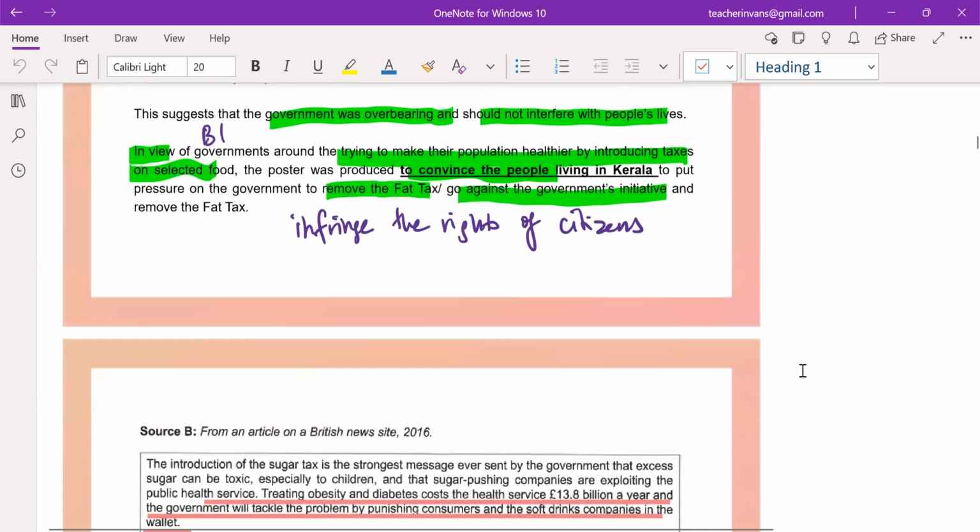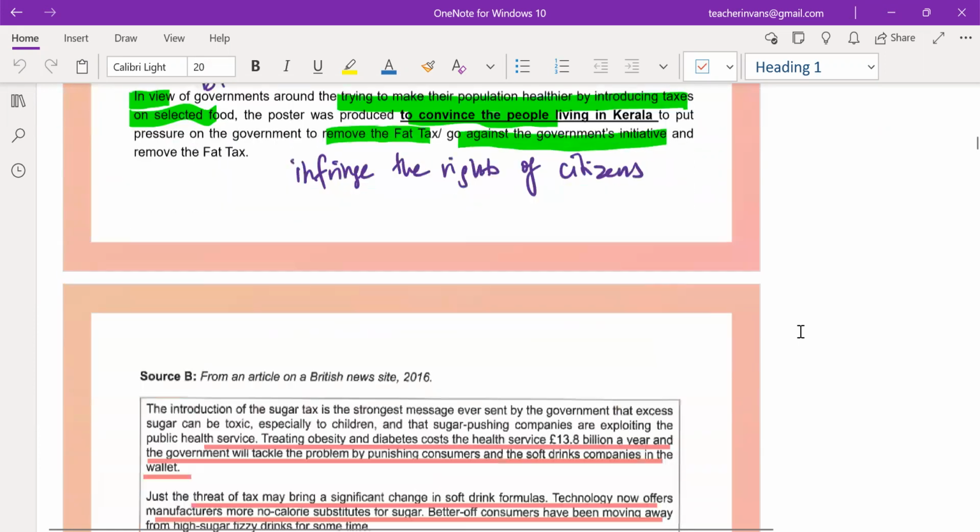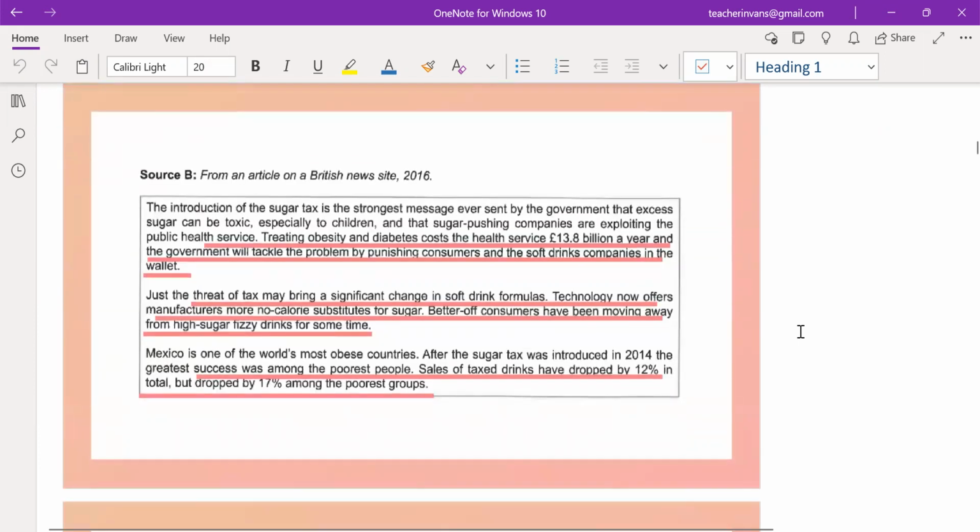Now let's go to source B. Remember, it is how different are these two sources. So let's take a look and annotate source B first. Source B actually tells you some good things.